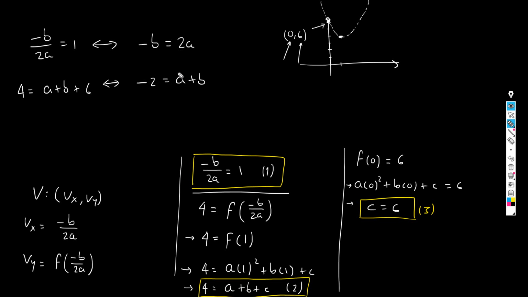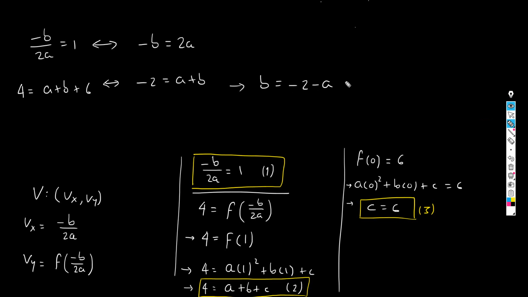And now what can we do? Let's, for example, isolate b from this equation, and I'm going to get that b equals minus 2 minus a, and now I'm going to input this b in here.